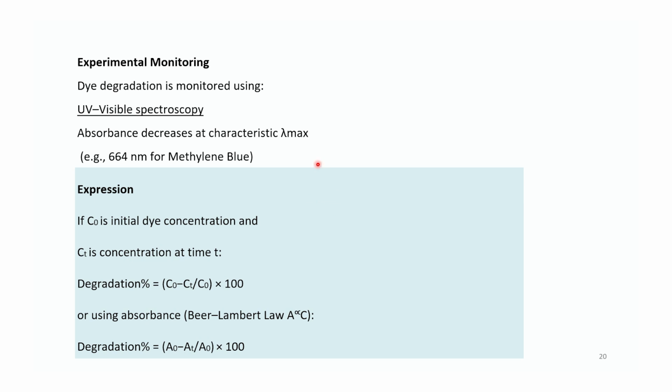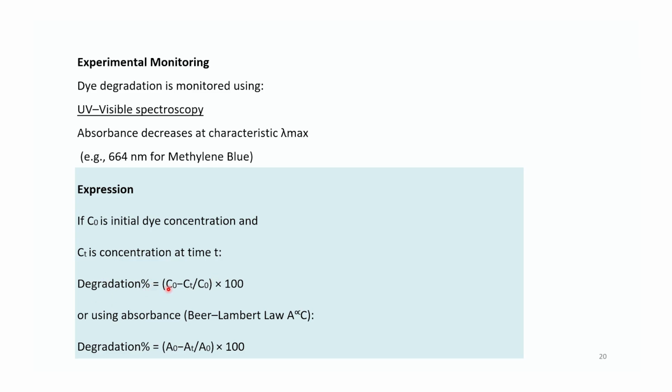Let's say 5 minutes, 10 minutes, 1 hour, 2 hours and 16 hours. You'll see that the dye is being degraded progressively with time. So you are calculating the concentration at a particular time t.